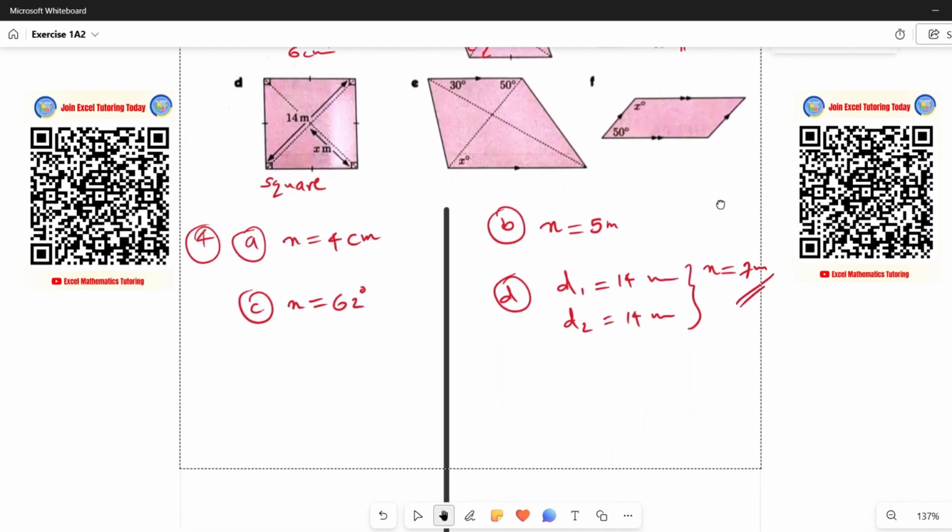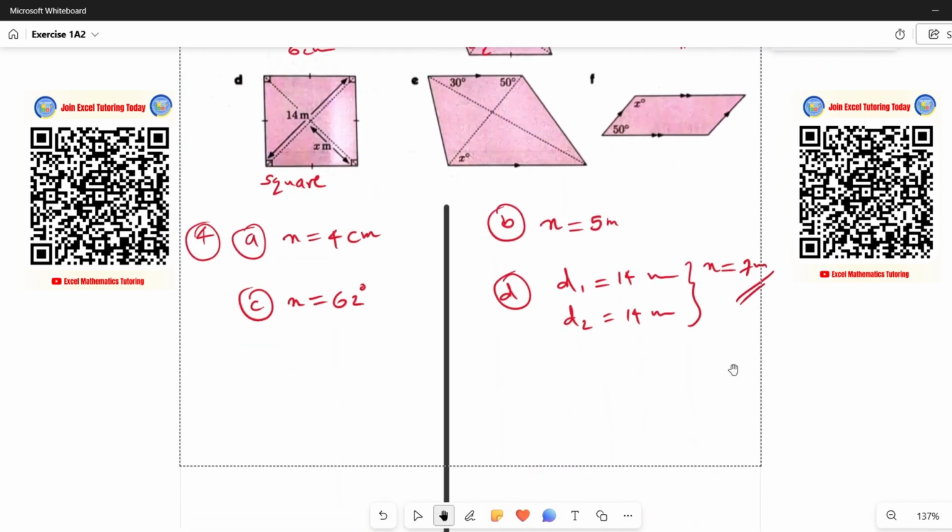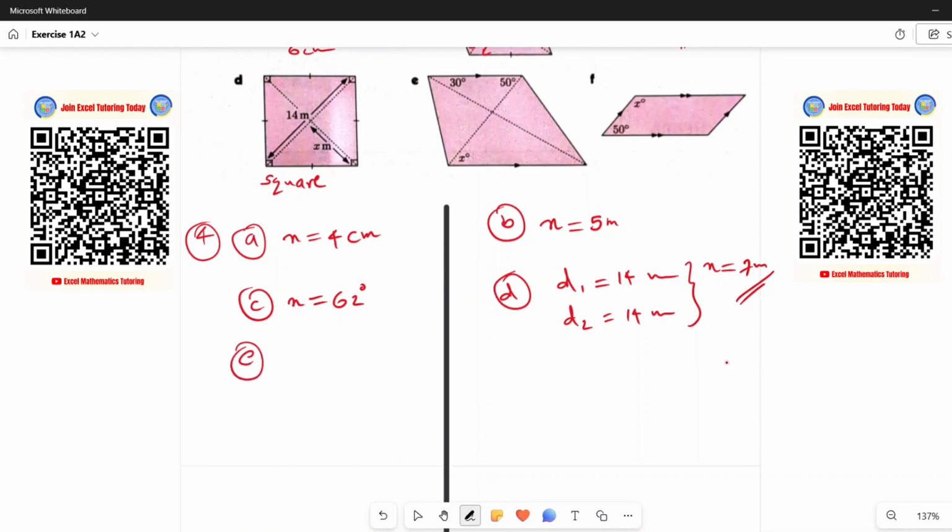Now coming to E. Here we need to find again the value of x. Again, this is a parallelogram, so opposite sides are parallel. These two sides are parallel and these two sides are parallel.